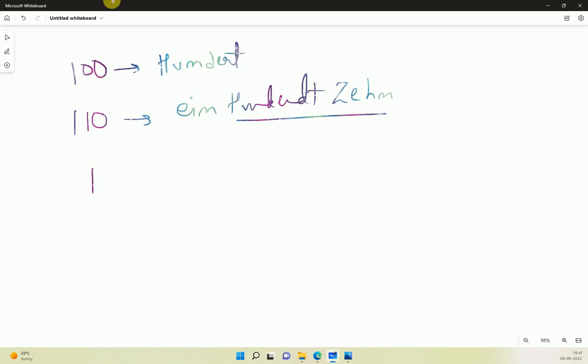Und dann was für ein 173? Ja, bitte. 173. 100% perfect.